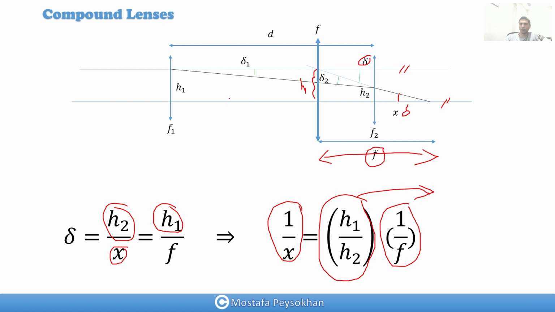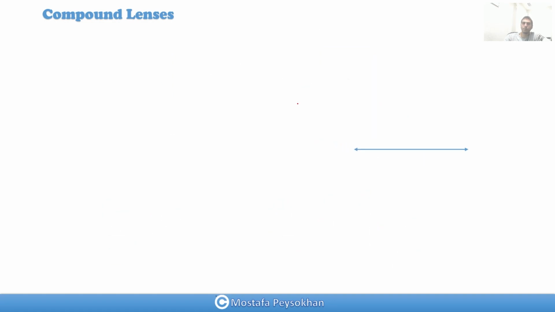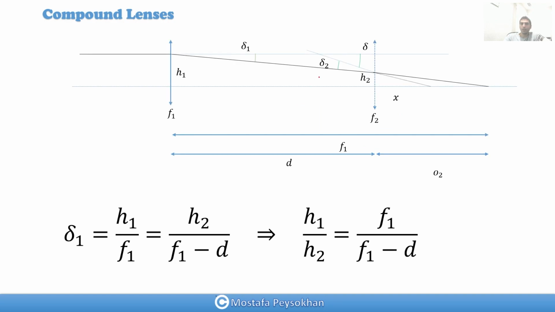So what is h1 over h2? In order to find h1 over h2, we can look at delta 1. Delta 1 is the angle of this line that comes from infinity and is bent by the first lens, and we continue it, as I mentioned, ignoring lens 2.